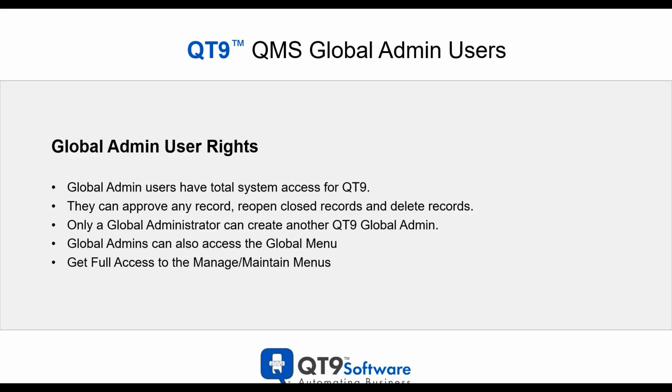And the global admins also have full access to the manage maintain menu. So they are going to be able to actually build out the drop downs for each and every one of your modules as well. Pretty key elements. So we're going to touch on these today, and I'm going to show you the practical application of how those operate.